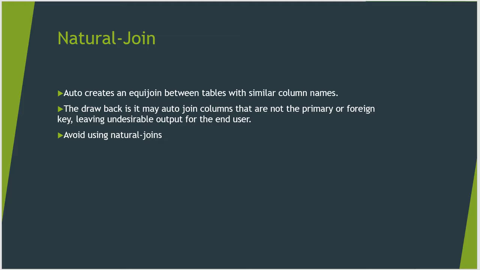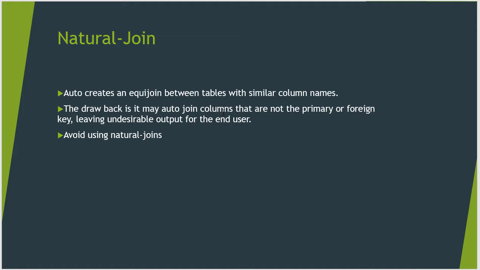A natural join is when you're basically doing the comma separated join. It creates the Cartesian output and it tries to auto link similar named columns and join the information together.